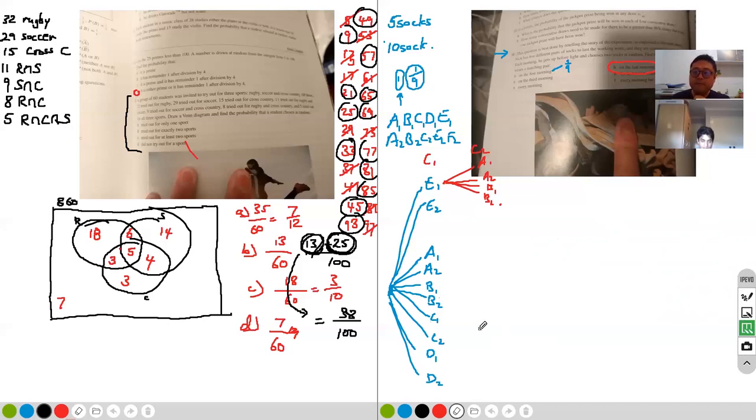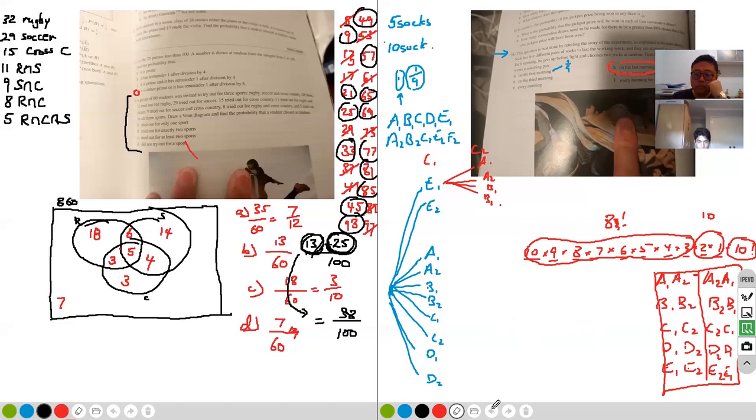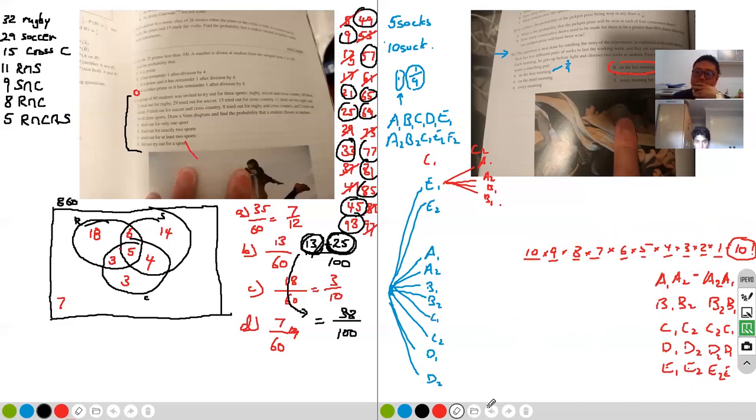Then what's above it will change. So we'll have to cancel out everything after. So 1, 2, 3.